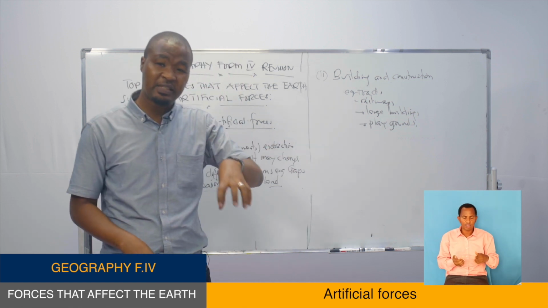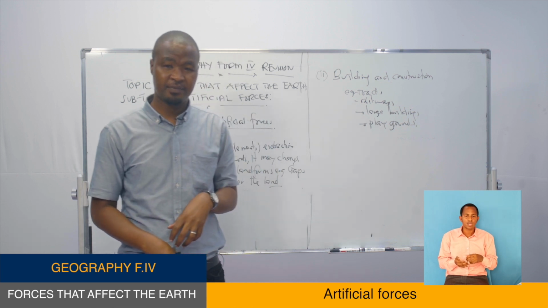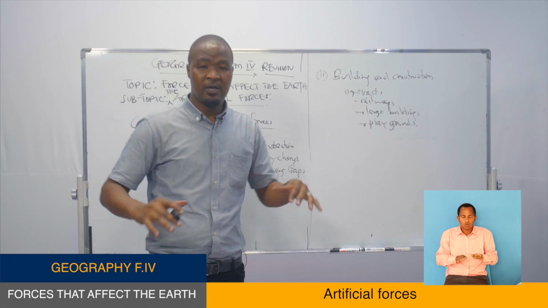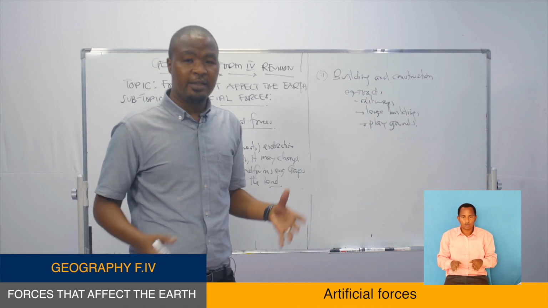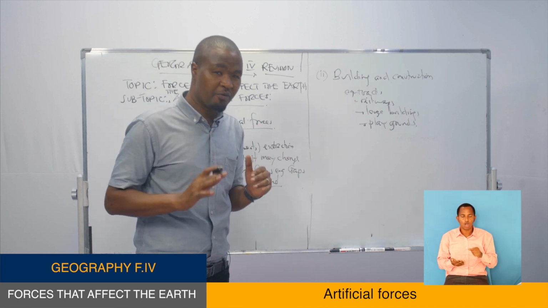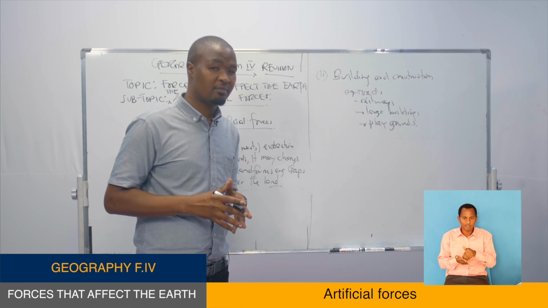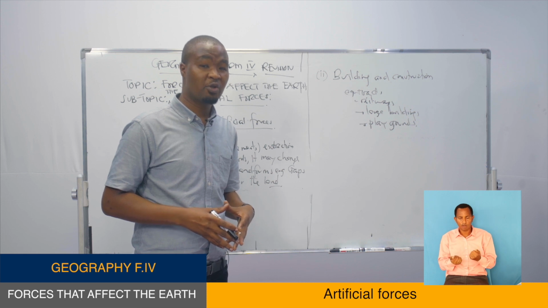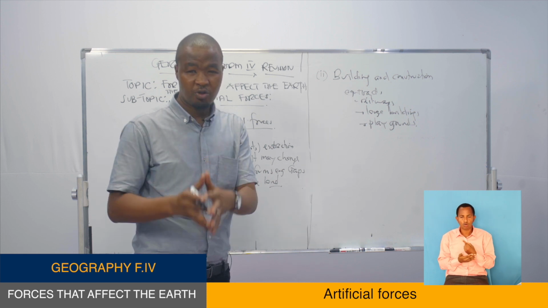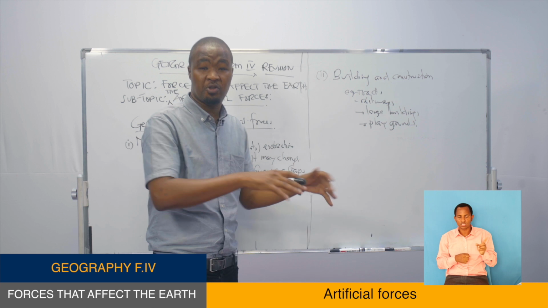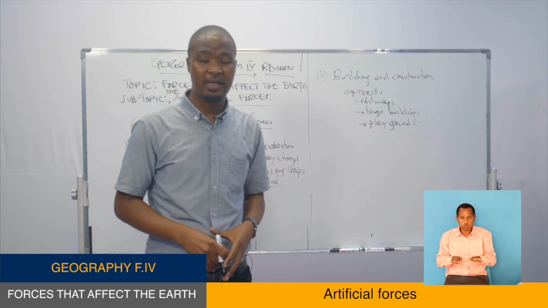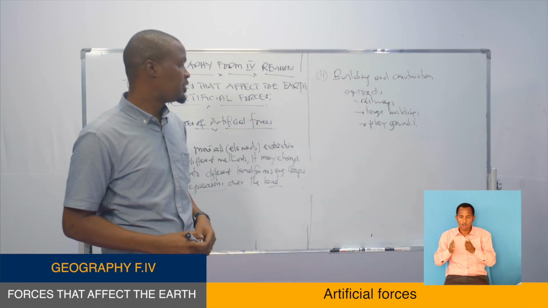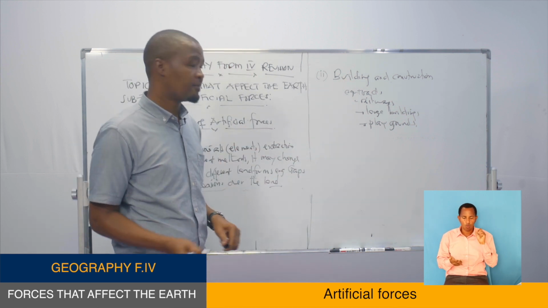This may involve the shaking of the land. Once it shakes the land, the land may change from the cemented one into a weak one, easily removed by other erosional agents. So this may be the causes of the artificial forces, because we all know either the natural or the artificial forces may result in the formation of different landforms over the land surface. So we take this as the second point.